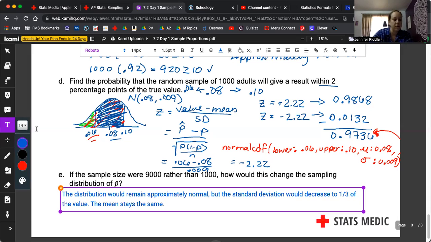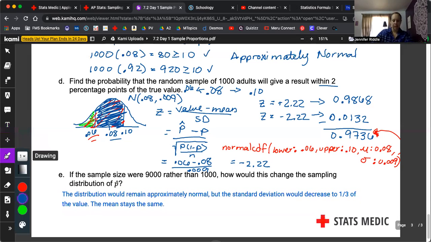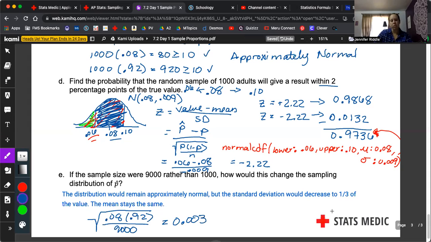How do I know that the standard deviation is decreasing by 1/3? If I take my proportion, 0.08, times 1 minus the proportion, 0.92, and I divide by 9,000, that gives me 0.003, which is 1/3 of my standard deviation that I had before, the 0.009.